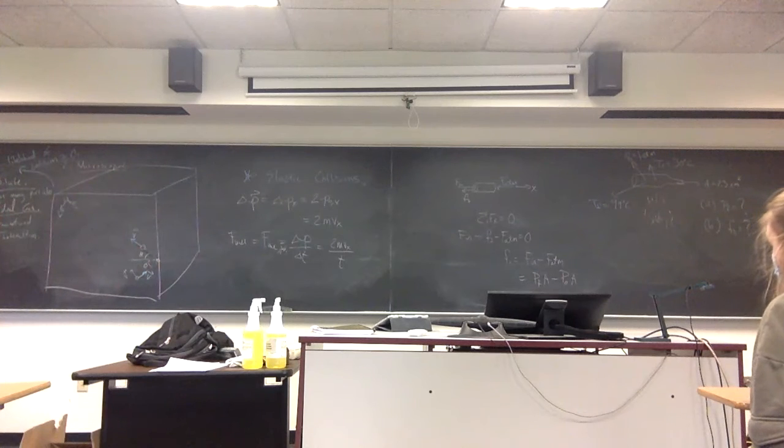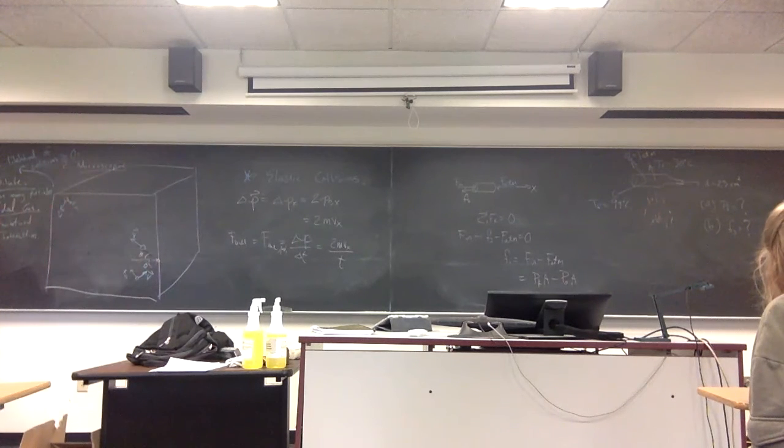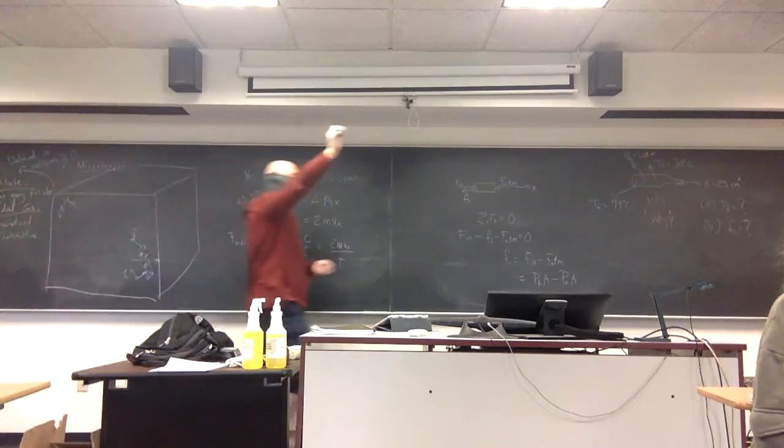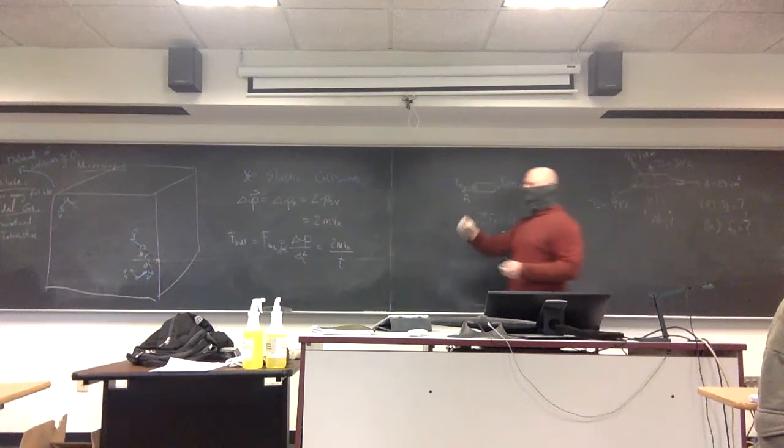Good. Now what's the time? Well, the time is, again, since this thing doesn't actually collide with anything else, the time between successive collisions is simply going to be the time it takes for this thing to go across the room and back. Okay? So this is going to be the time between successive collisions.